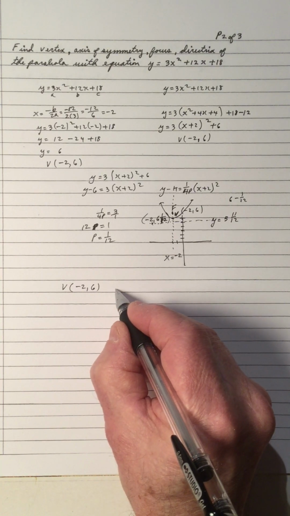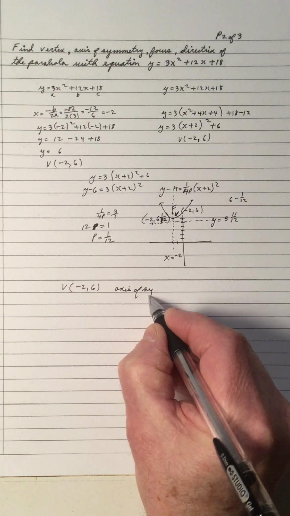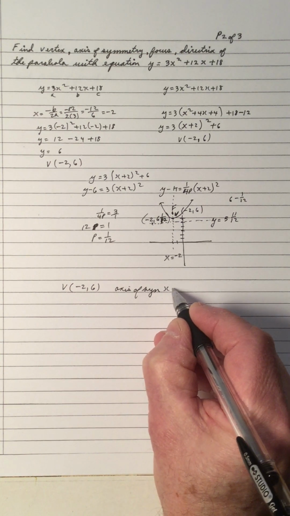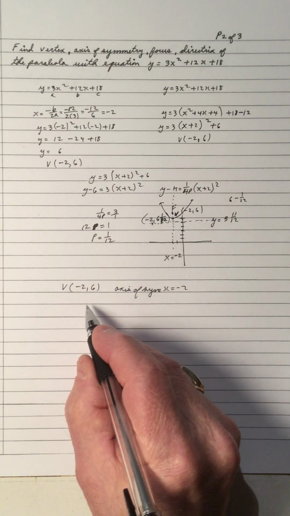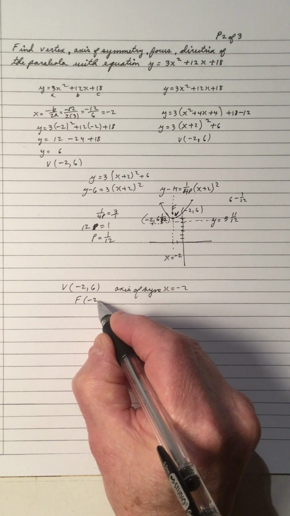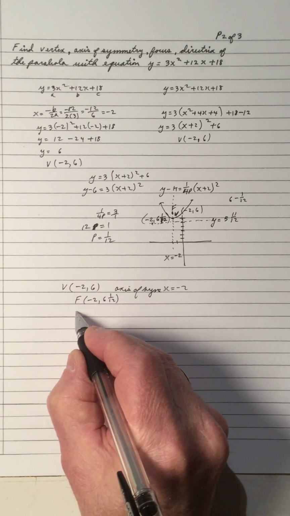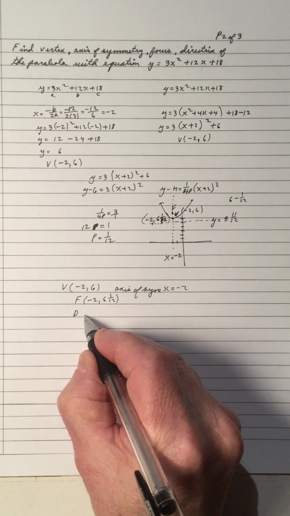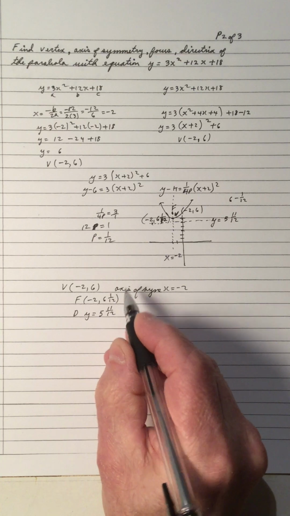We have the axis of symmetry as x equals -2, and we have the focus f. The focus is -2, 6 plus 1/12, and the directrix d is y equals 5 and 11/12.